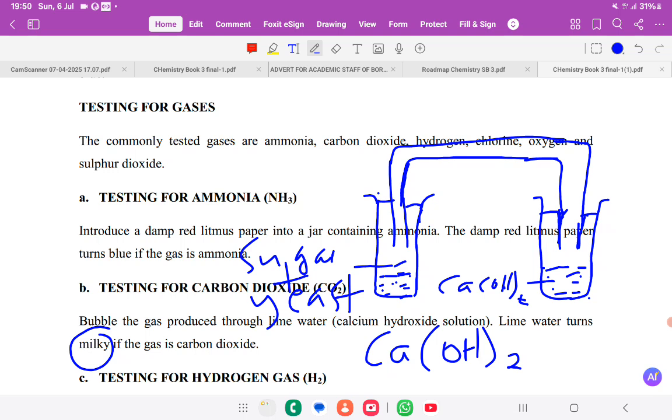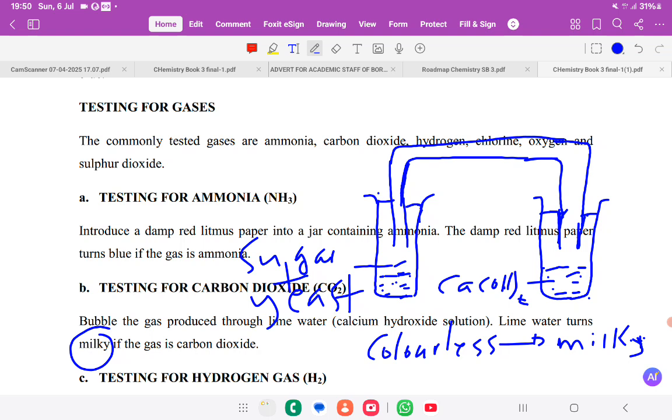Initially, the lime water is colorless, so it will change from colorless to milky color. Milky, like white. Don't say it will change to white. No, you have to say it turns milky, like it takes the color of milk. It's very, very white if you know milk.